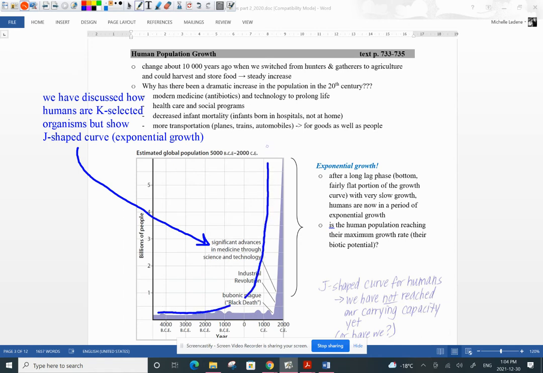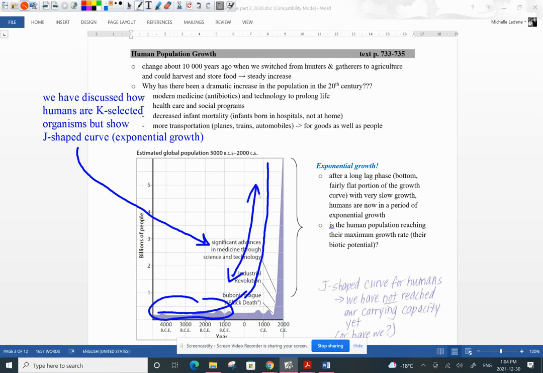And so we have a really long lag phase, which is this flat portion of the curve at the bottom. It took us a long time to get established on our planet, but now we're in this period of exponential growth.